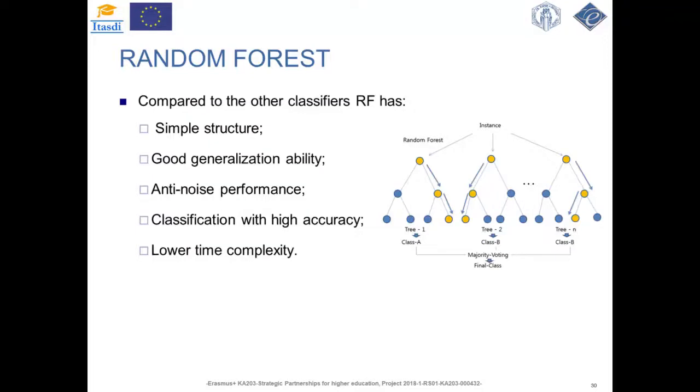Compared to the other classifiers, random forest has a simple structure, a good generalization ability, an anti-noise performance, classification with high accuracy, lower time complexity. It can satisfy the demands of situations when a real-time performance is highly needed.